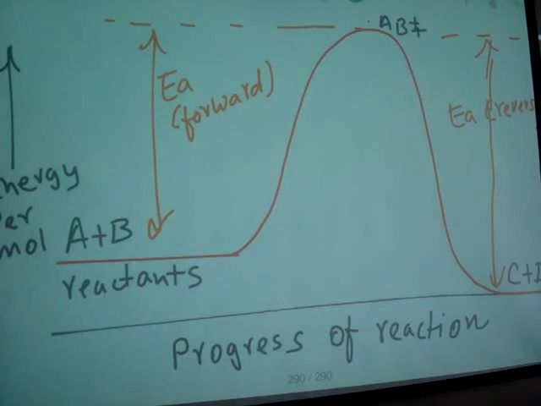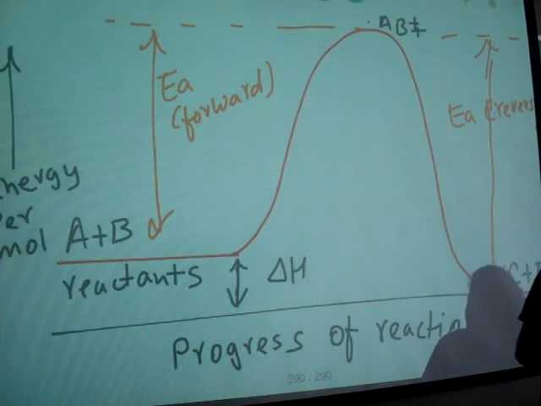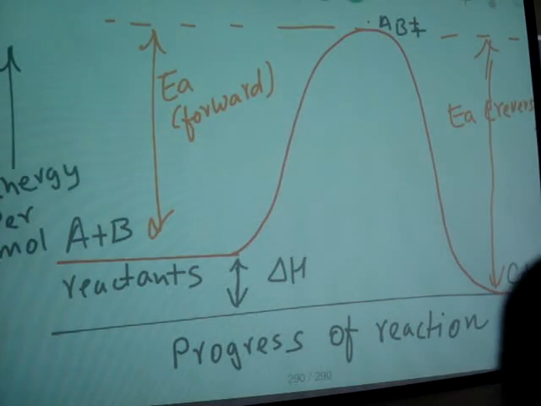In that case, you get this is delta H. Alright, so that's for an exothermic reaction. So that's the energy diagram for endothermic and exothermic.